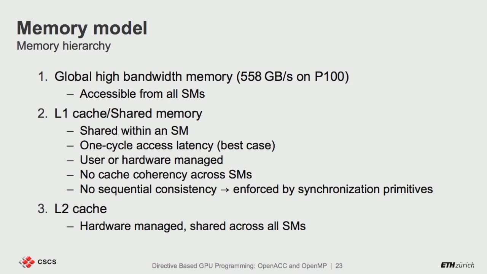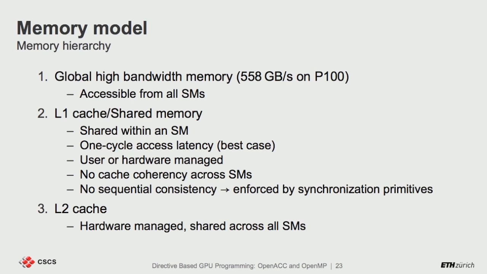This is organized, just to visualize it, in banks, like most memories are. A bank conflict happens when 2 or more threads request addresses that reside in the same bank, which means we have to serialize. So the worst case will be 32 cycles latency, when each thread of this warp, of this group of threads, accesses the same shared memory location, and then all of them will be serialized.